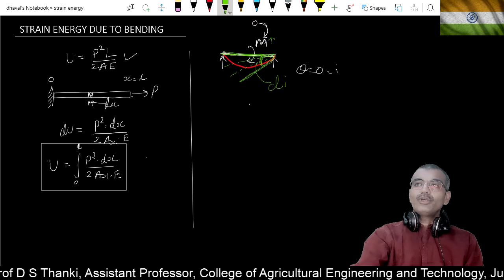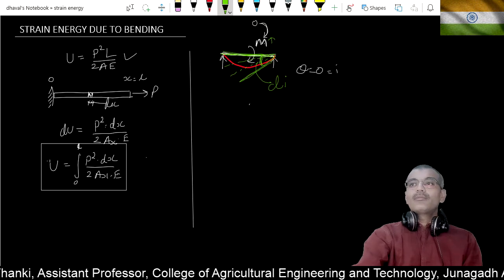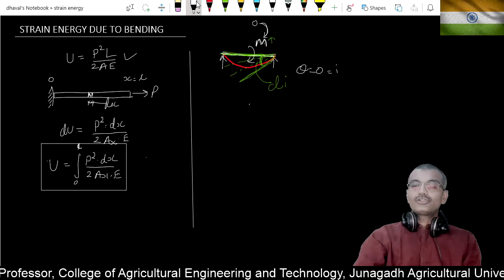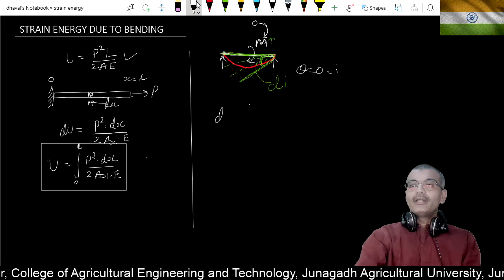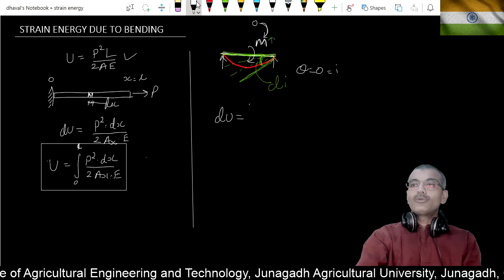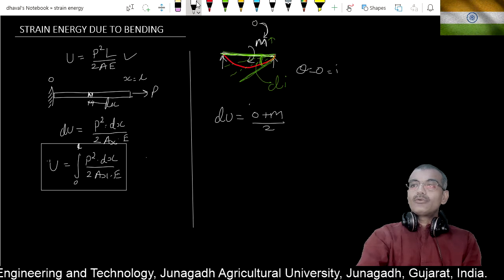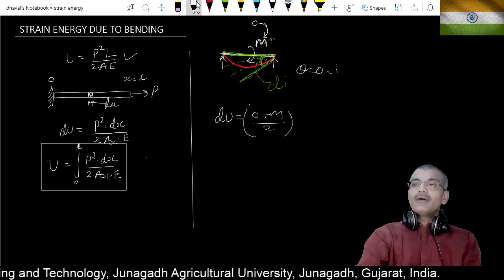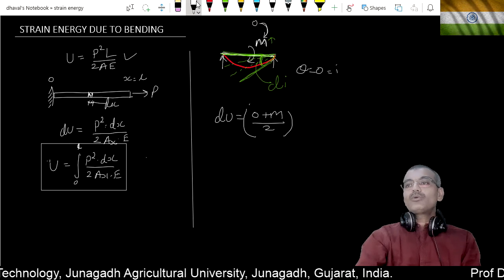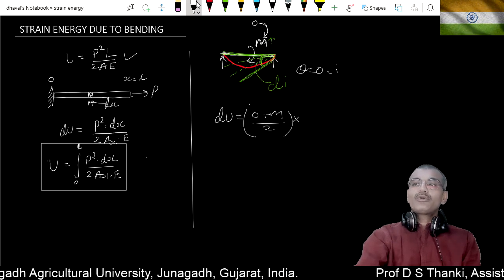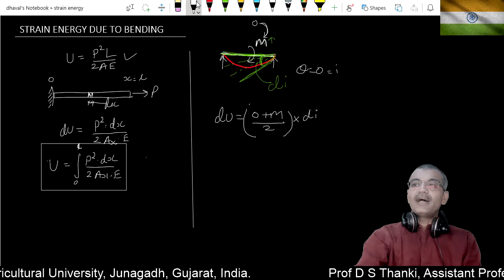So if you apply the moment from 0 to M, then the strain energy stored due to the moment, that is dU, is equal to 0 plus M divided by 2 into, now here work done is equal to moment into the slope of the rotation. So here it is dI, right?